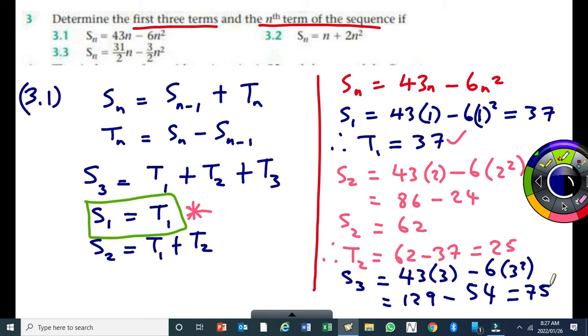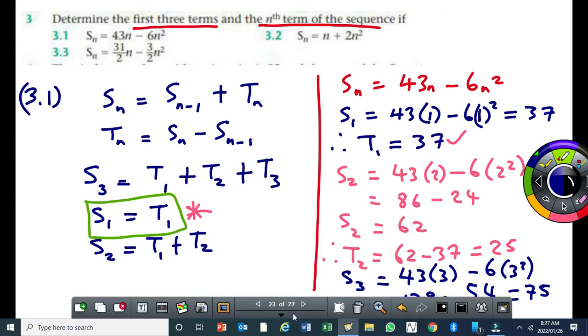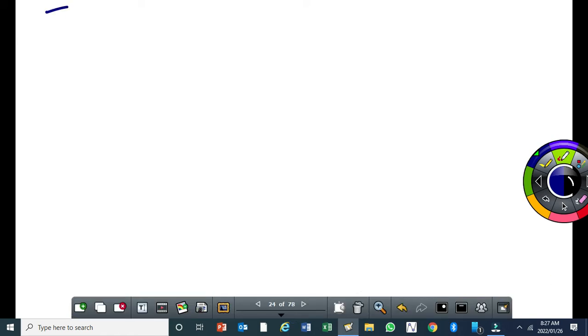Okay, so here, because of my space, can you allow me just to do the work? Okay, let me do it on the next page. Let me carry on the next page. So if I want to get T3, it is going to be equal to S3 minus S2. Remember this?